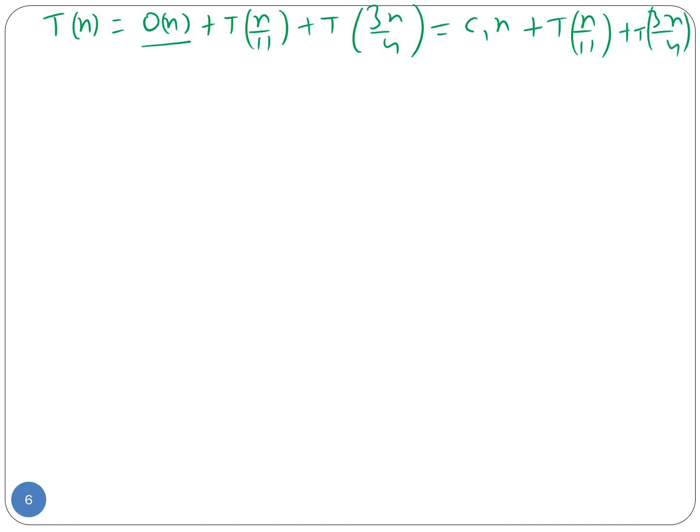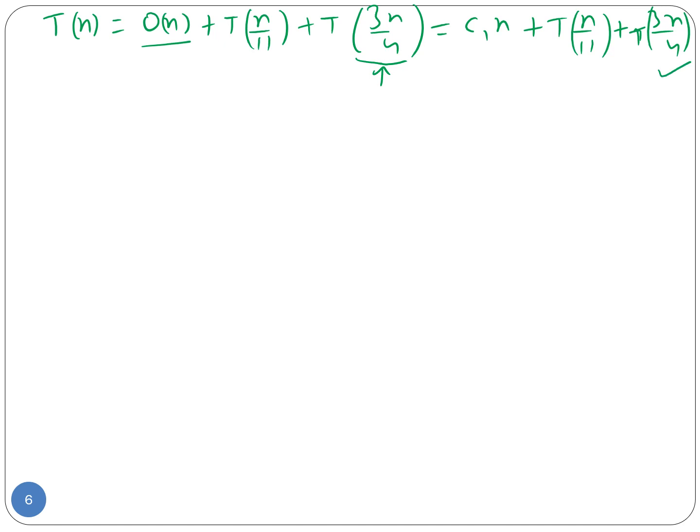So we are assuming the most lopsided partitioning in the worst case, and we had to recurse on the larger side. That's why we are using T of 3n by 4.